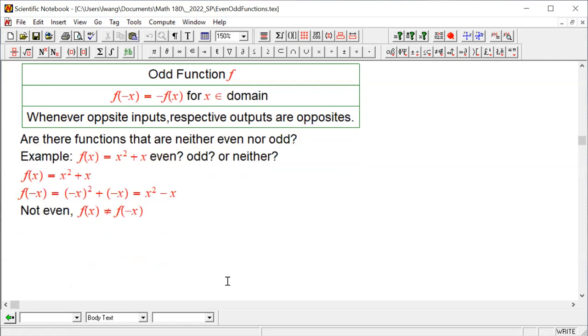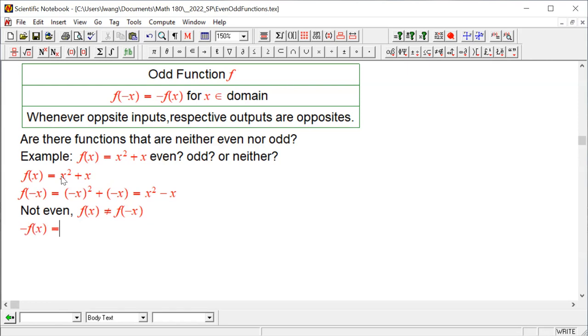Is it odd? To compare whether it's odd, you have to say, okay, if I put a negative sign in front of f of x. So this is f of x. What is the negative of f of x?